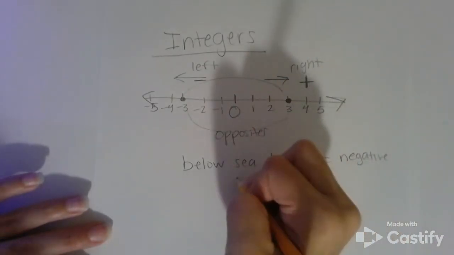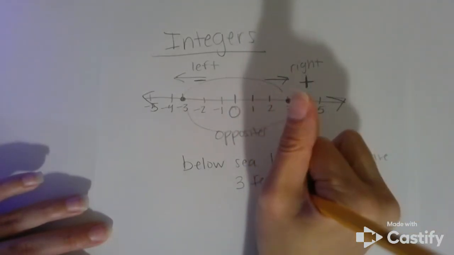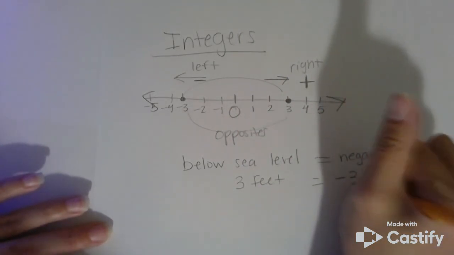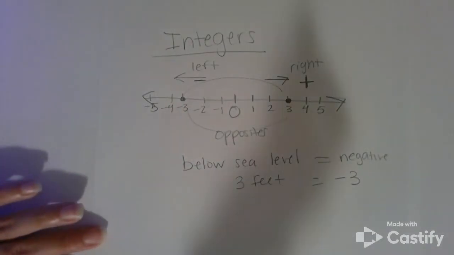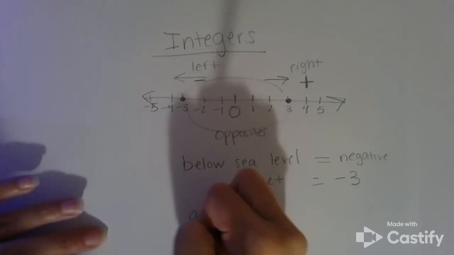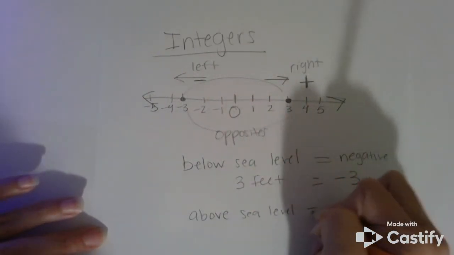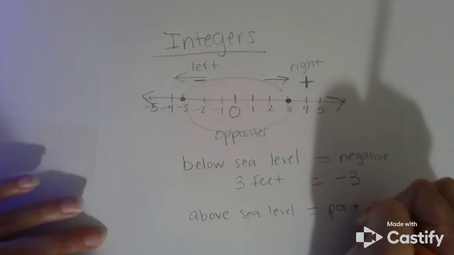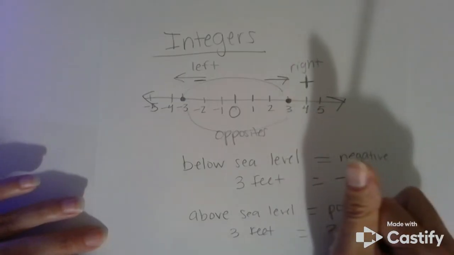So for example, 3 feet below sea level would be -3. If I said above sea level, that is the opposite, and that's positive. Above sea level is positive. So if I said 3 feet above sea level, that is just 3.